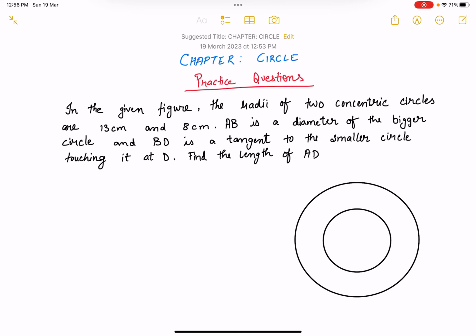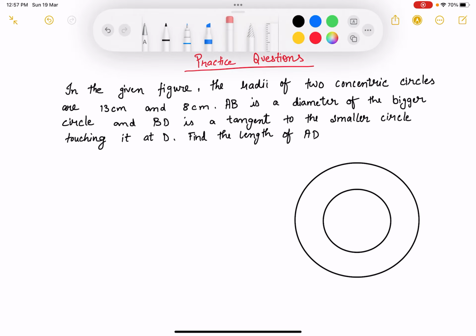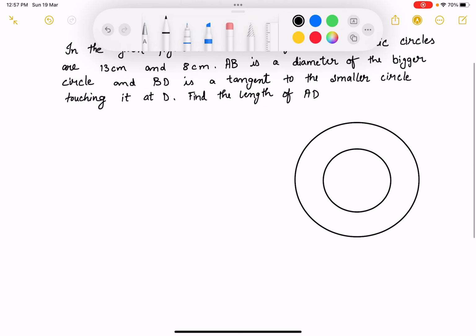Okay, so let's take this question. In the given figure, the radii of two concentric circles are 13 centimeter and 8 centimeter. Radii is given and AB is the diameter of the bigger circle. So let's begin with AB. I can draw AB anywhere, but I will prefer to draw it in this direction because it gets easier to visualize in this way.